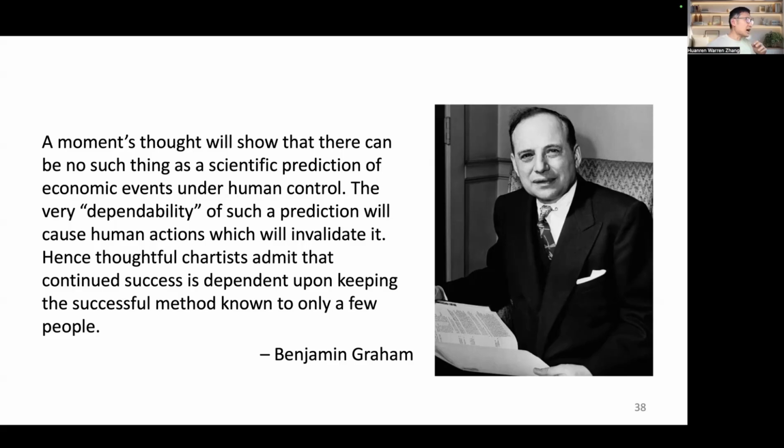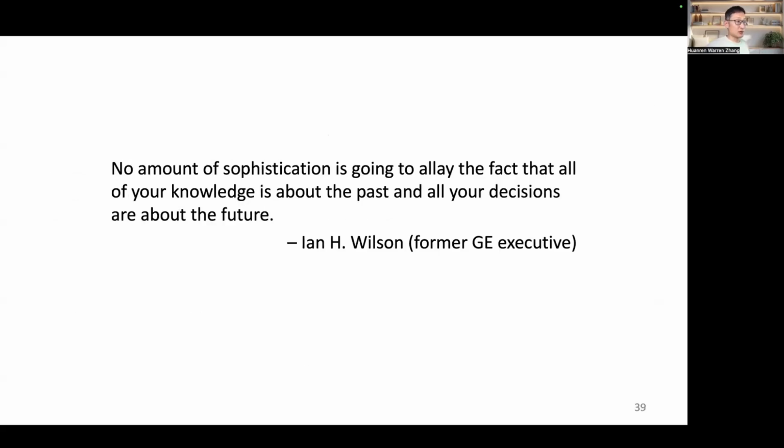And also, I have mentioned several trading strategies proved to be effective based on past data. But I want to always point out that no amount of sophistication is going to allay the fact that all of your knowledge is all about the past and all your decisions are about the future. Right, so this is a quote from Ian Wilson, the former GE executive.